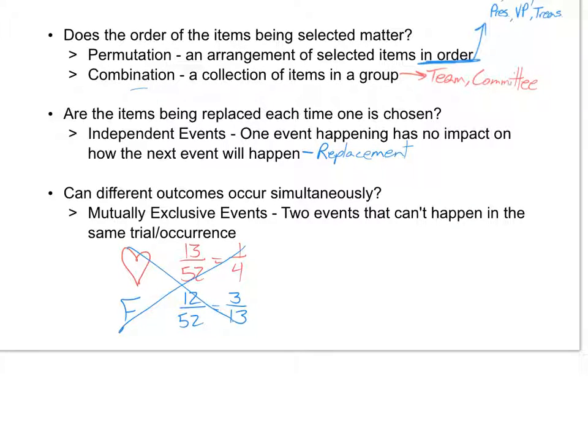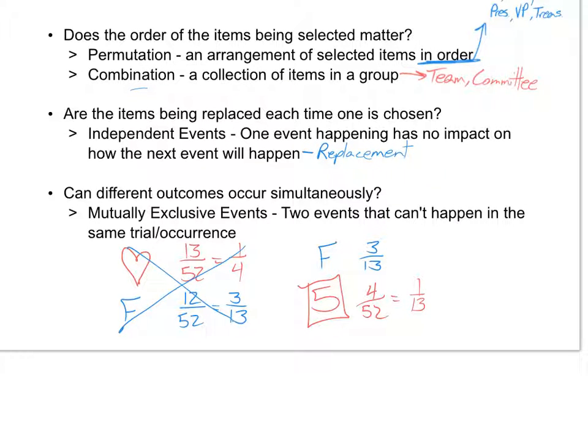Alright? However, let's again take the face card, 3 out of 13. And let's say I wanted the probability of drawing a 5. There are 4 5s in the deck, so it's 4 out of 52, which is 1 out of 13. Okay?